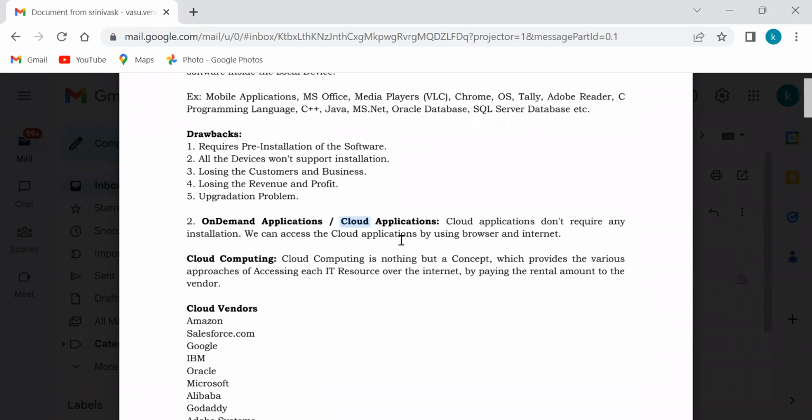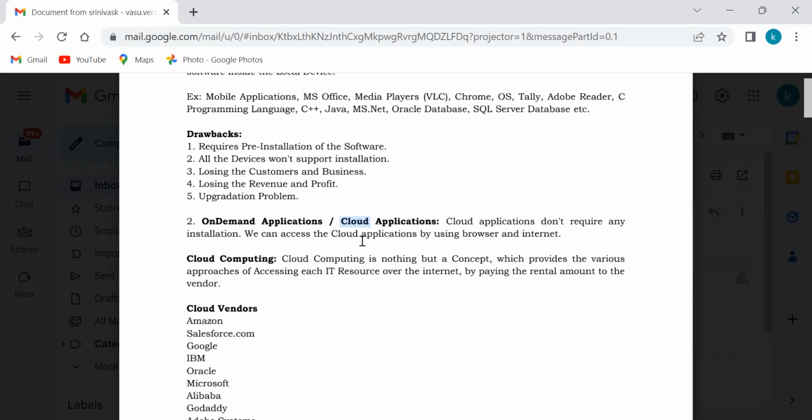Nowadays almost all devices support browsers and internet, whether it is a laptop or desktop, even mobiles. So without installing any software on your local system, just by using a browser and internet, we can access on-demand or cloud applications.